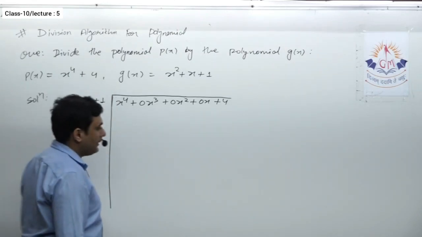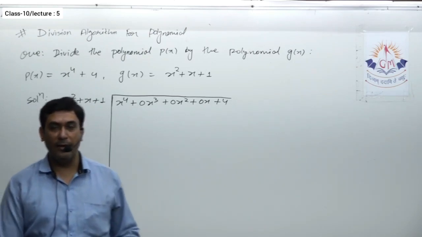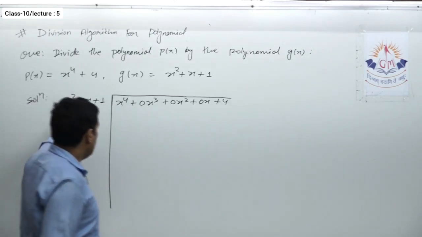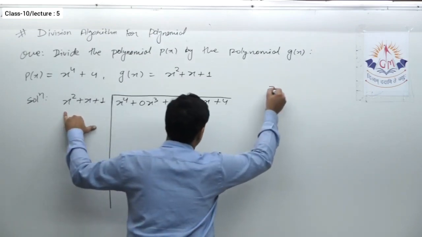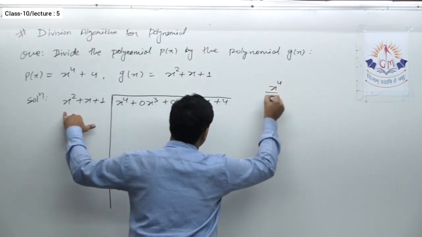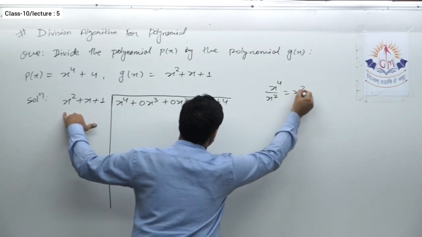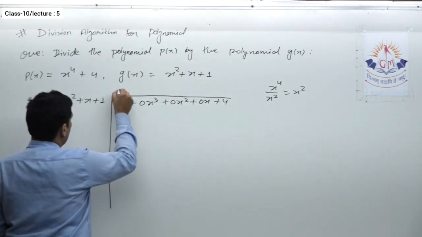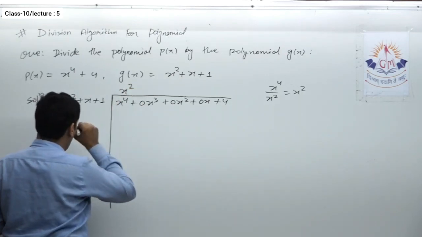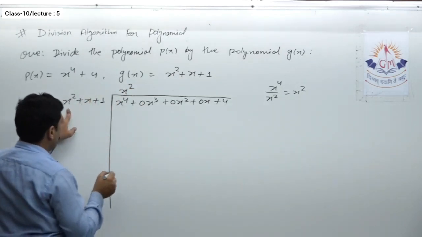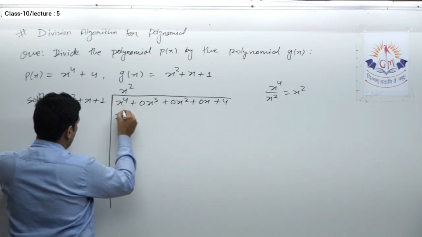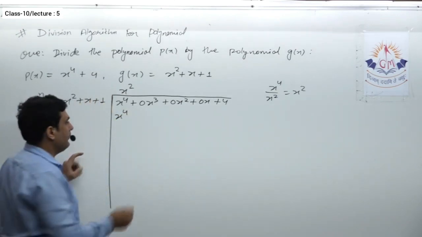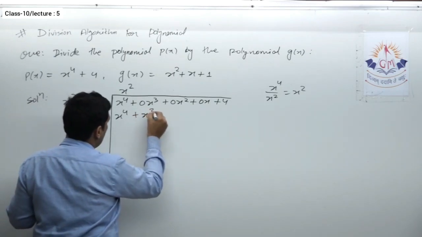Now definitely we'll start with the same thing. We'll divide the first term of the dividend by the first term of the divisor to obtain the first term of the quotient. So x raised to 4 upon x square gives you x square. Here I write x square. Now x square multiplied by x square gives you x raised to 4. x square multiplied by x gives you x cube.